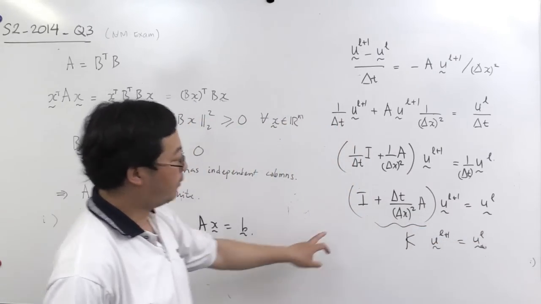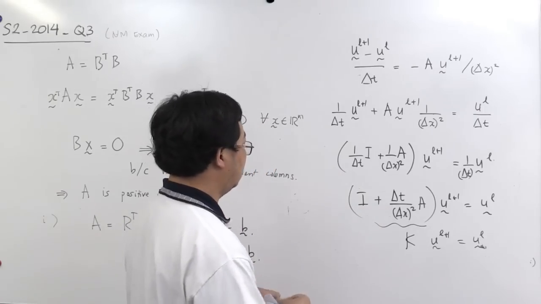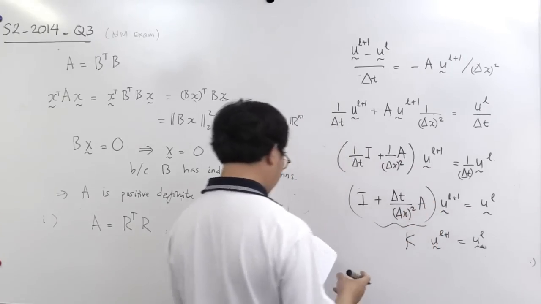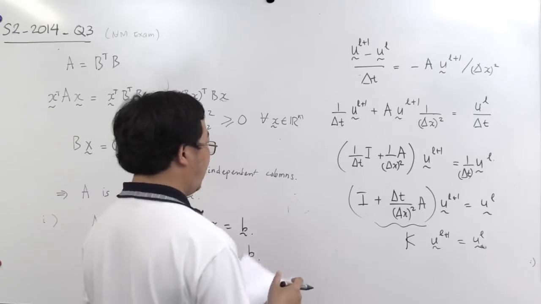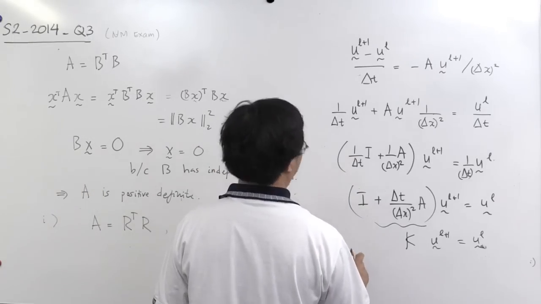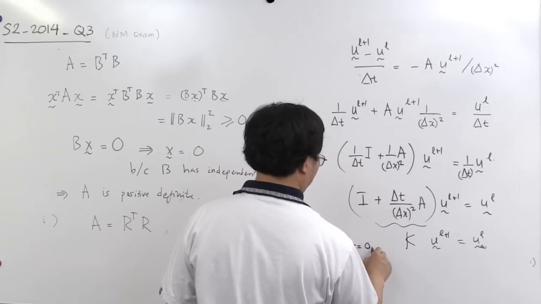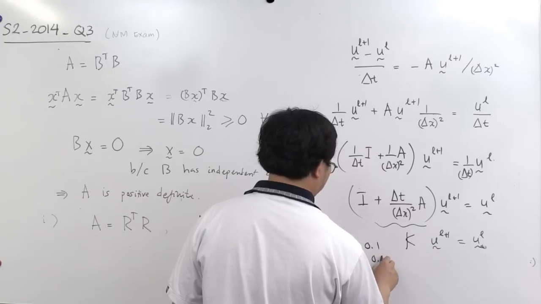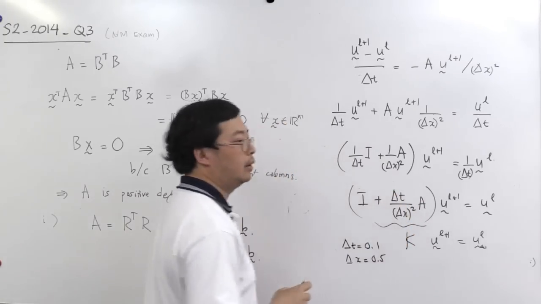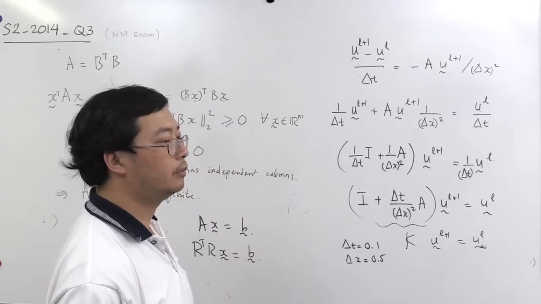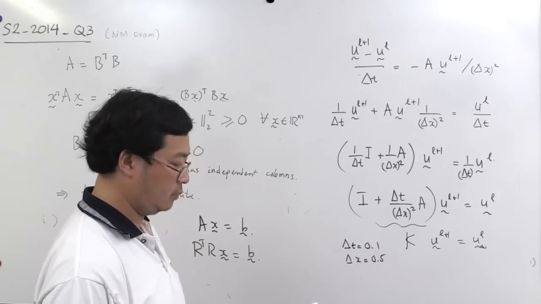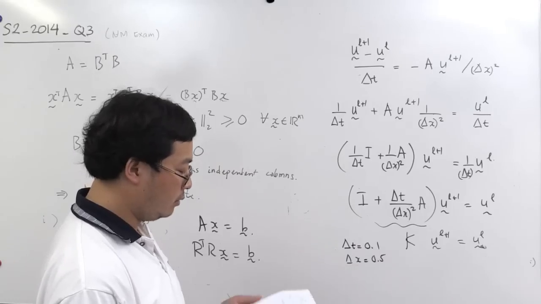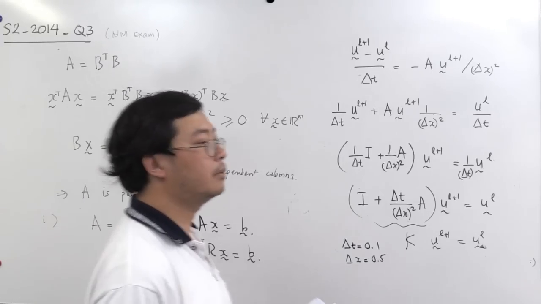And this is the matrix K. So K is I plus delta t over delta x squared multiplied by the matrix A. If you have delta t equal 0.1 and delta x equal 0.5, then you can figure out what the coefficient is explicitly. So that is the question about the PDE in the 2014 paper.